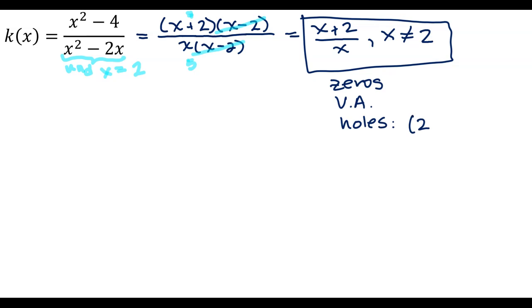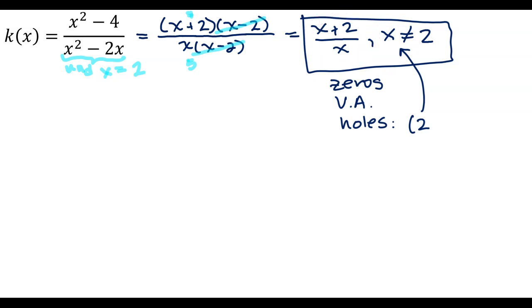And it's really handy to know not just the x value, but also the y coordinate of that hole. And the way you get that is by just plugging back into the simplified version. So basically what we say is we know there's going to be a hole in the graph, but the y value should match up exactly with this new function that we've simplified down to.